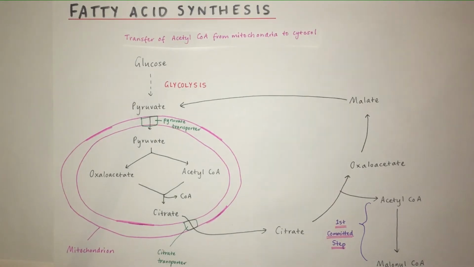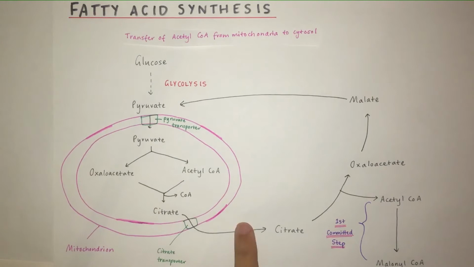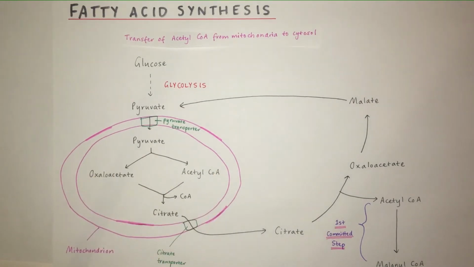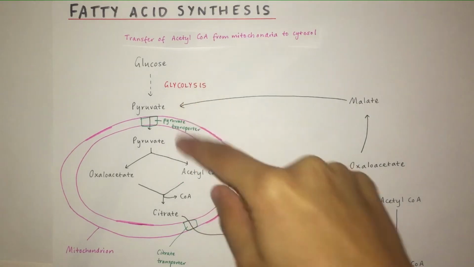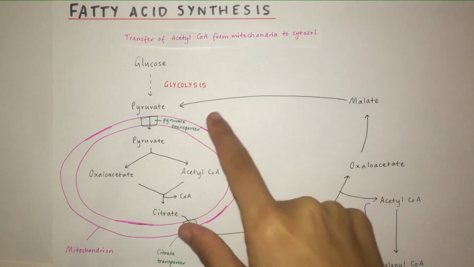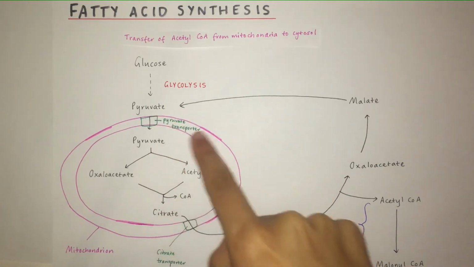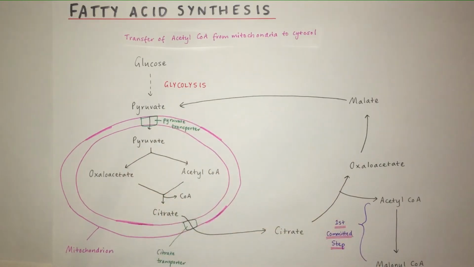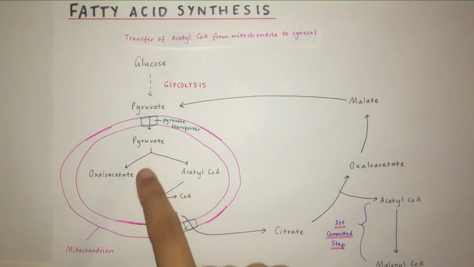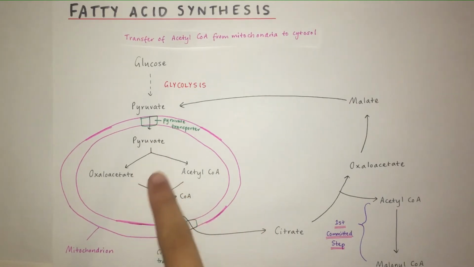So how are we going to do that? We've got our mitochondria in here, and our outer mitochondrial membrane. I haven't bothered to draw the inner one for the sake of this explanation. Glucose can be converted to pyruvate through glycolysis, and then pyruvate can come into the mitochondria through the pyruvate transporter.